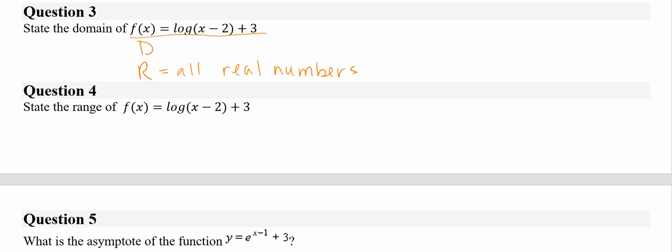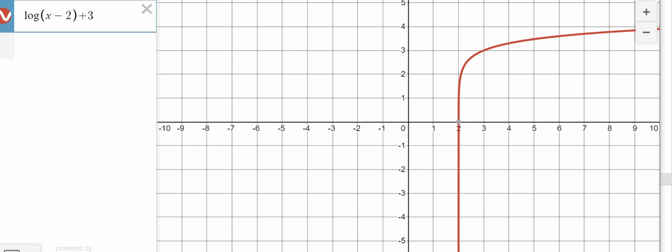But the domain is now going to be x and an asymptote. This time it's a vertical one because it's log. I'll show you the picture in just a sec. And then again, it's going to be a greater than or less than, based off of whether the graph is on the left side or the right side. Let's look at the picture.